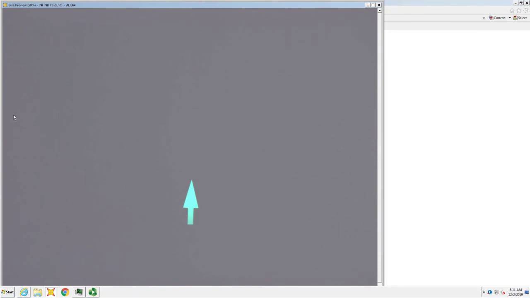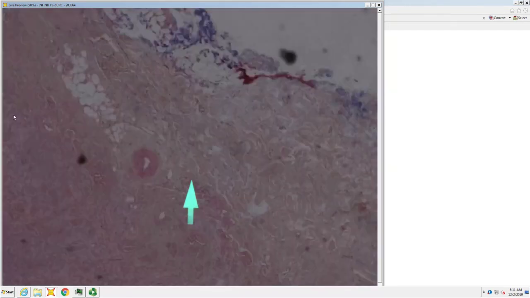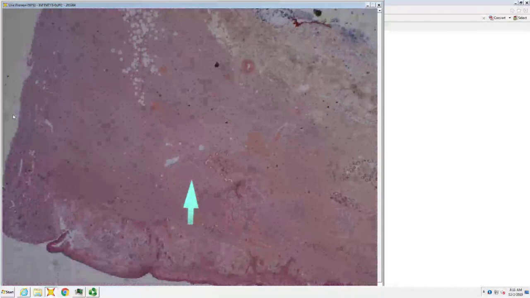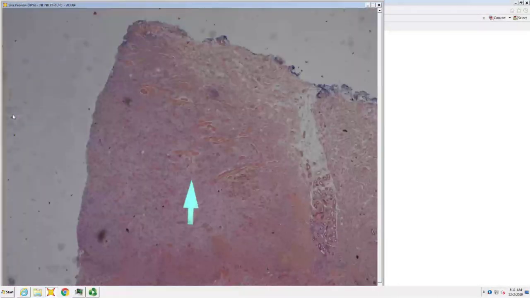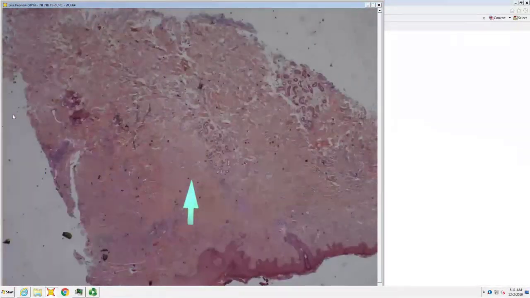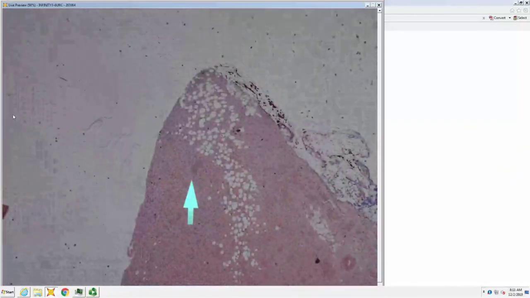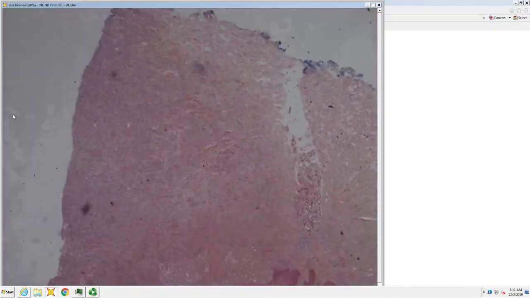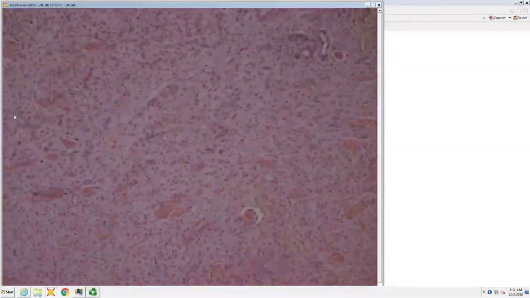Let's see, anything else we want to do here? Let's finish with one more. So, deep into the fat makes you think of the possibility of DFSP, but it's very myxoid.